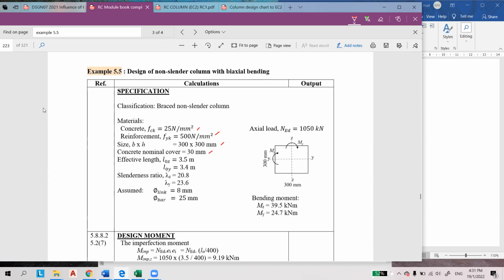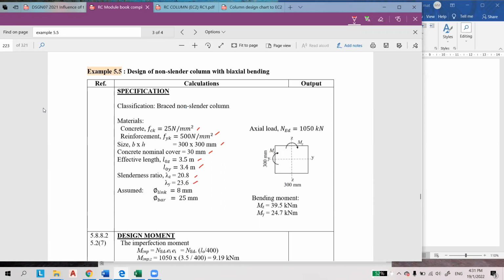The effective length about the Z axis is 3.5 meters and about the Y axis is 3.4 meters. The slenderness ratio of the Z axis is 20.8 and the slenderness ratio of the Y axis is 23.6.